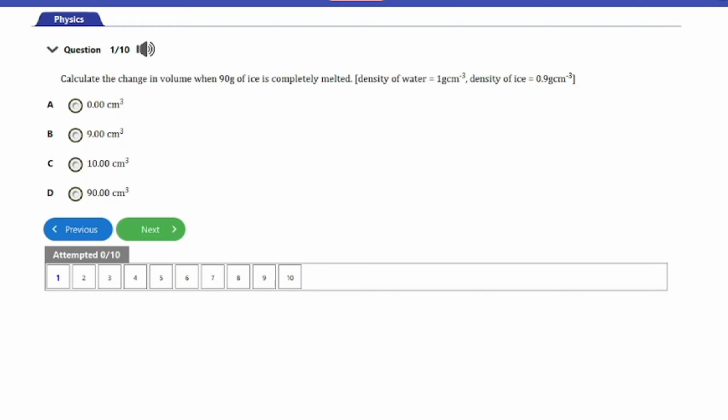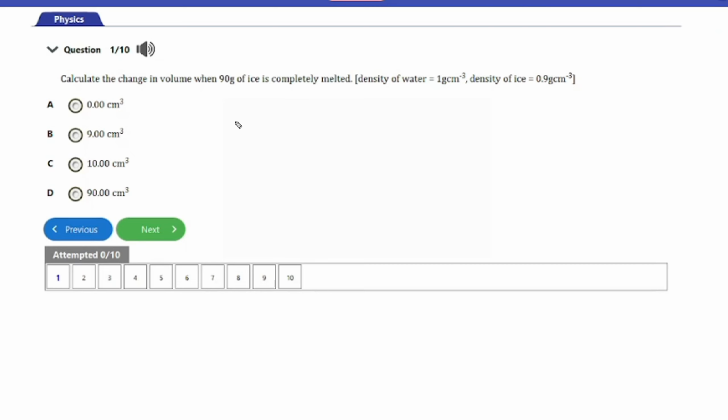It says, calculate the change in volume when 90 grams of ice is completely melted. Take the density of water to be 1 gram per cm cube and density of ice to be 0.9 gram per cm cube.